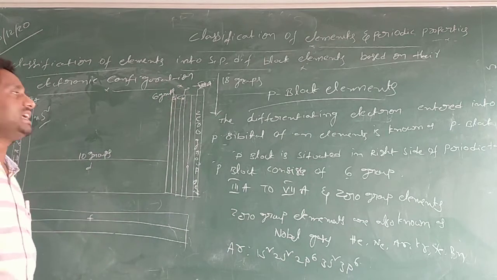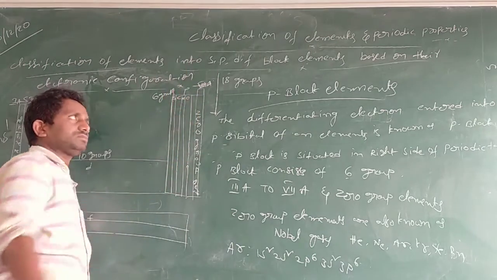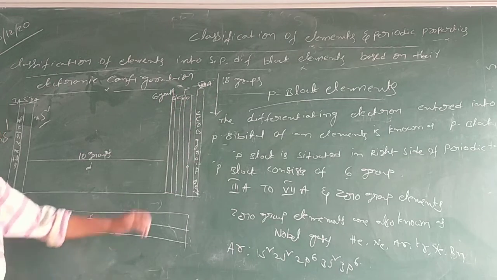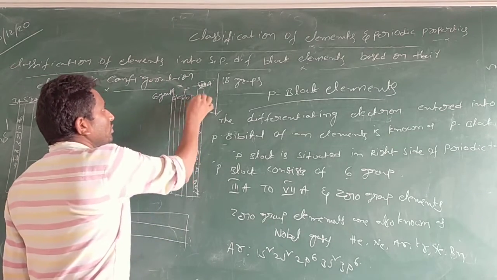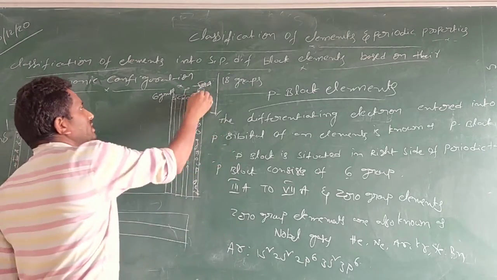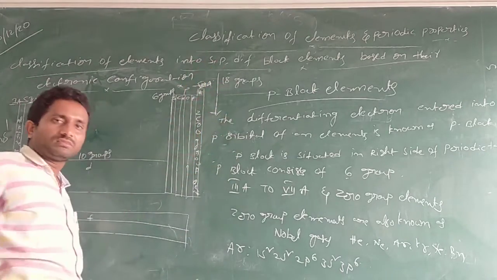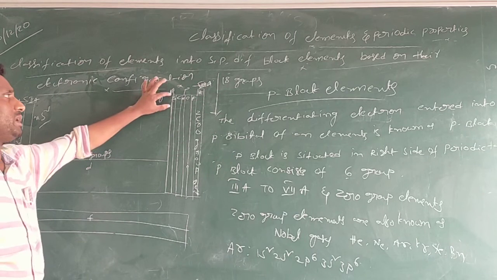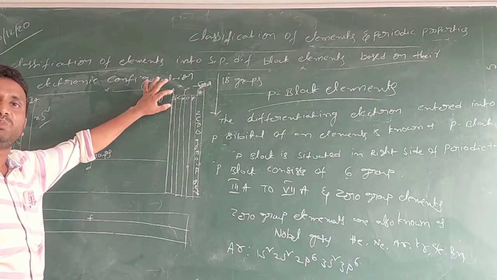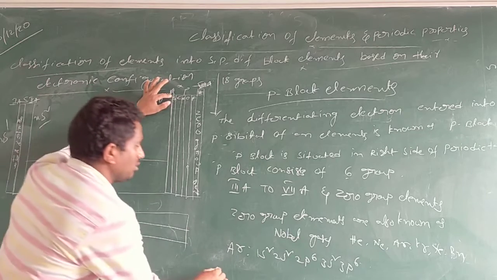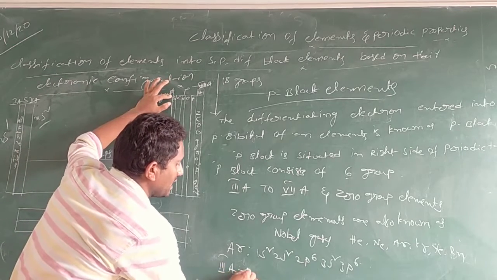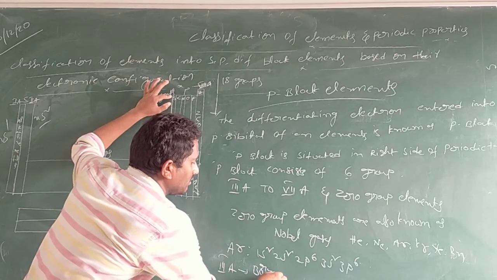The starting element of the 4th group is carbon. The starting element of the 5th group is nitrogen. The starting element of the 6th group is oxygen. The starting element of the 7th group is fluorine. The starting element of the 8th group is helium. So the 3A group elements, whose starting element is boron, are known as the boron family.